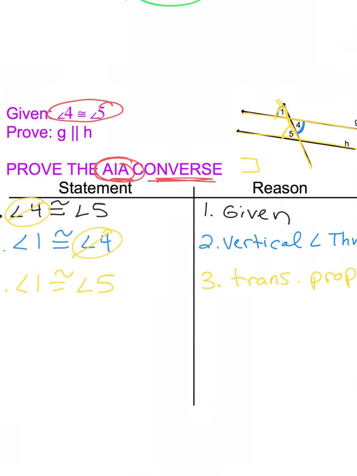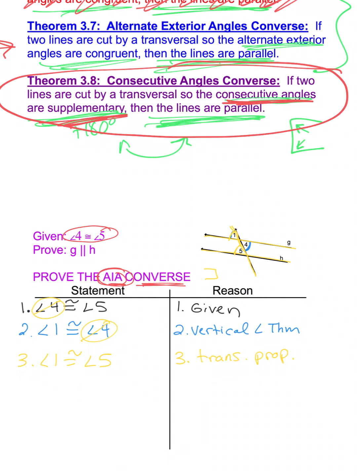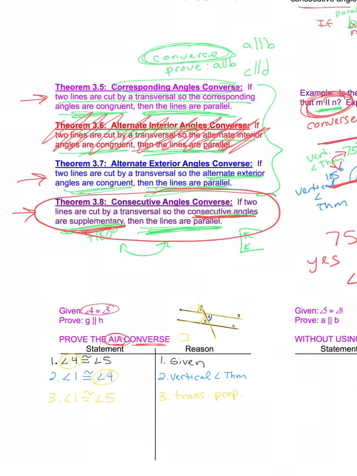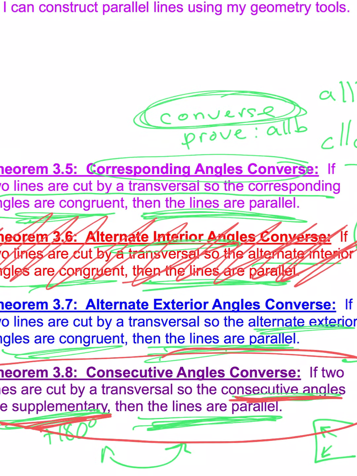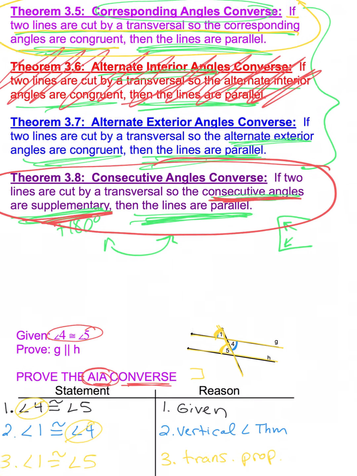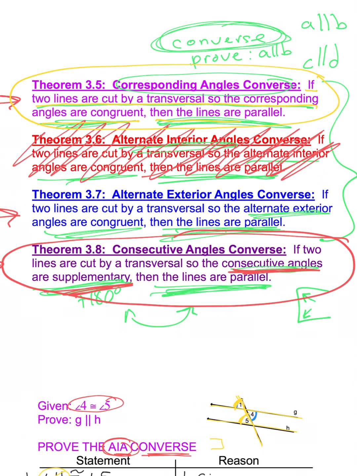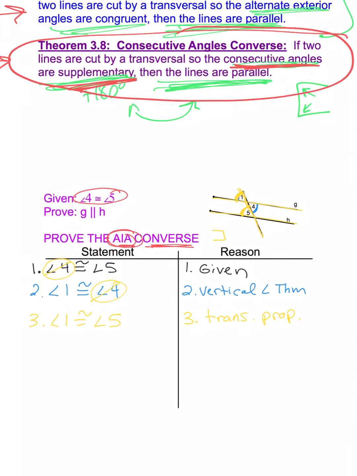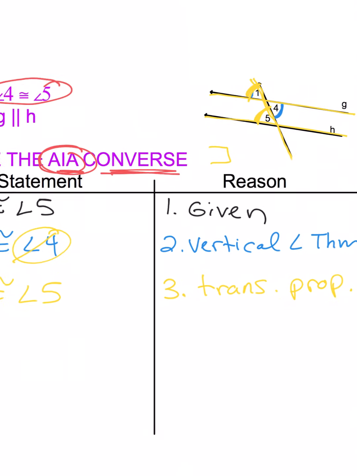So if we look back up at our theorems, we know that angle 1 and angle 5 are corresponding angles and they're congruent. So if I reread this, it says if two lines are cut by a transversal so that the corresponding angles are congruent, which if I look, aren't 1 and 5 corresponding angles that are congruent? They sure are. So our conclusion now is that then the lines are parallel. So now we know that our two lines G and H are parallel.